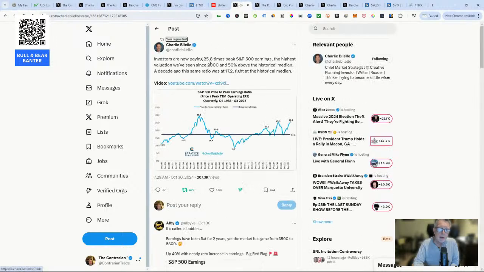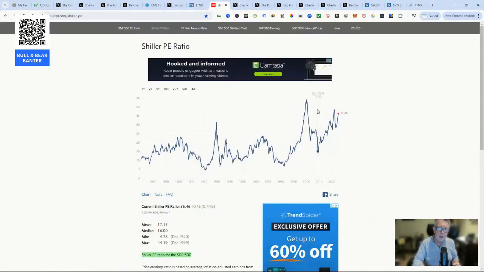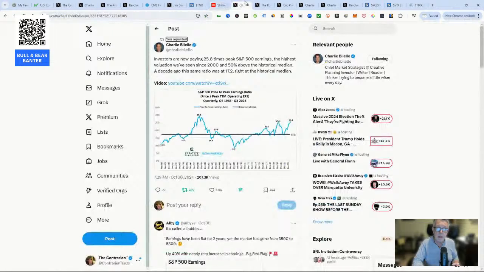Investors are now paying 25.8 times peak S&P 500 earnings. The highest valuation, this is a forward-looking number, the highest valuation we've seen since 2000 and 50% above the historical mean. A decade ago, the same ratio was 17.2, right at the historical median. So equities, forward-looking here, or trailing basis here, they're very expensive.